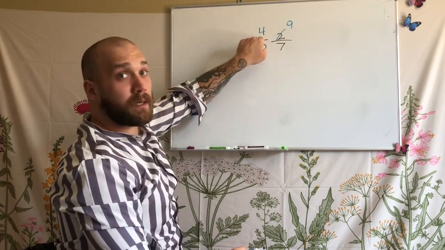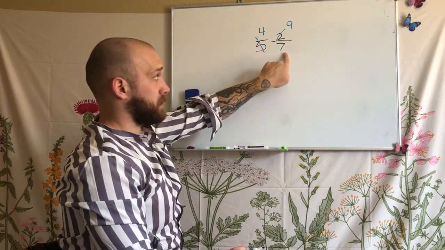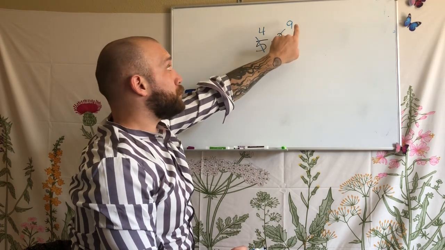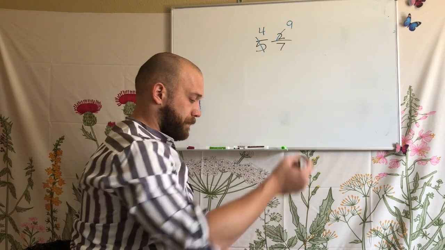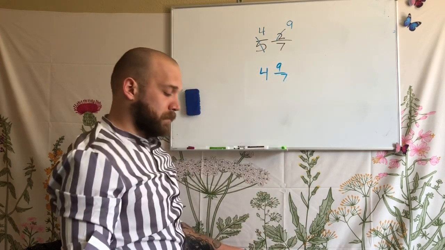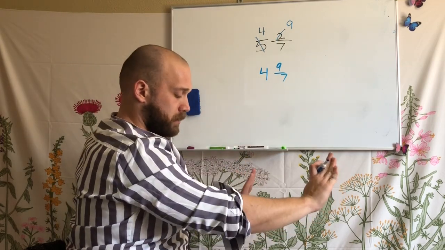I took the 1 from here, turned it into my fraction that can match, so I can add. Denominator has to stay the same. So I have 7/7 plus 2/7 is 9/7. My new number would be 4 and 9/7. All I'm doing is taking from my whole number and adding it onto my fraction.